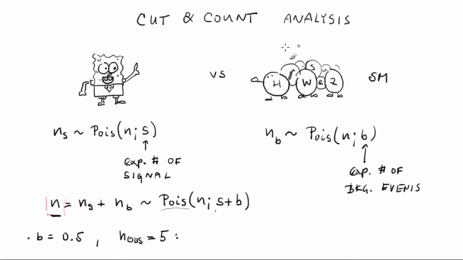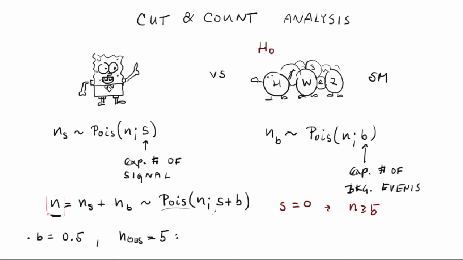We are testing the standard model, which is the same thing as testing the hypothesis that s is equal to 0. Obviously, the region of n with equal or higher incompatibility with the null hypothesis, as n_obs equal to 5, is n greater or equal to 5.